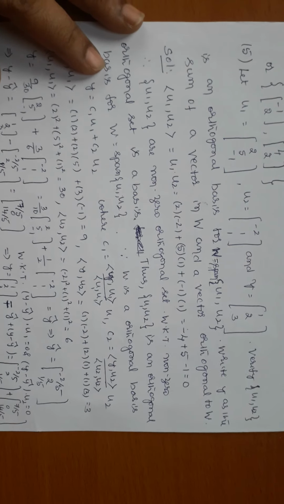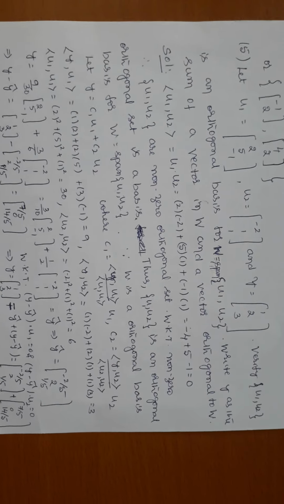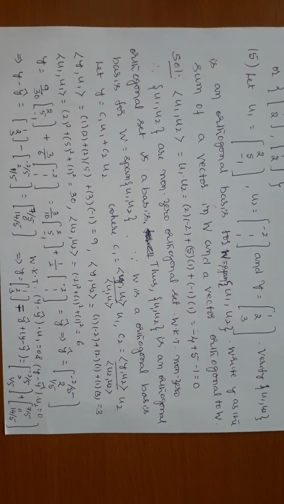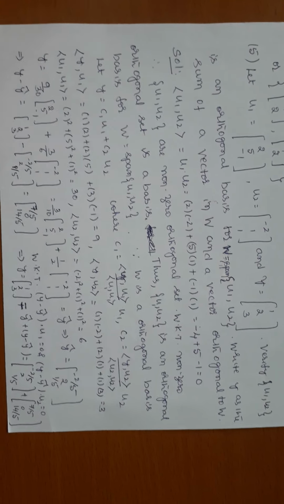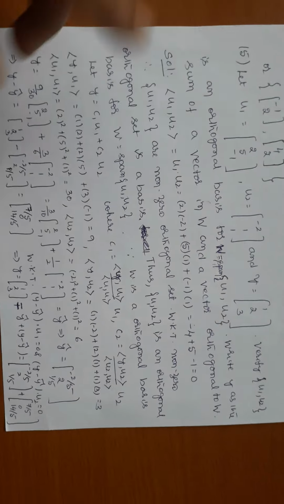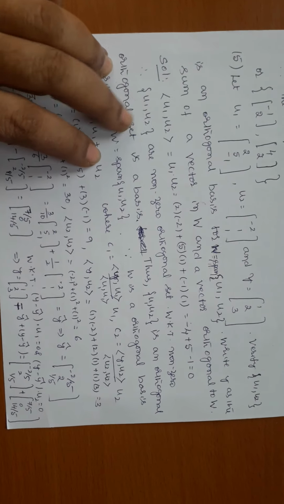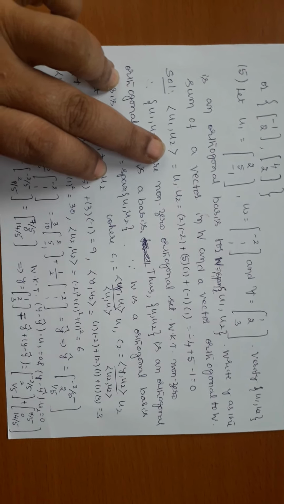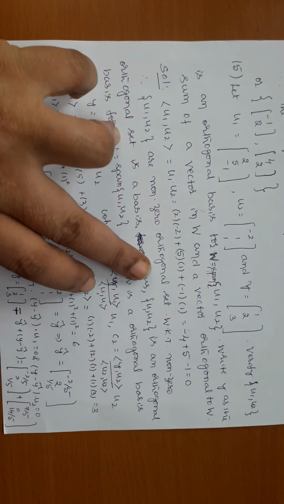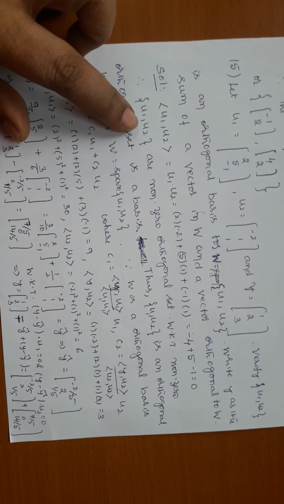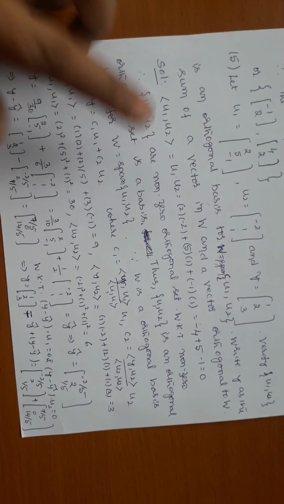First you have to verify it is an orthogonal basis. It is enough to verify that it is a non-zero orthogonal set. Clearly u1, u2 are non-zero vectors. Next you find the inner product of u1 comma u2. Then u1 dot u2 we get 0. Then we say that the set of vectors u1, u2 is a non-zero orthogonal set.